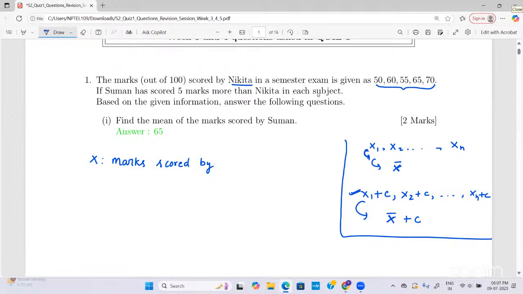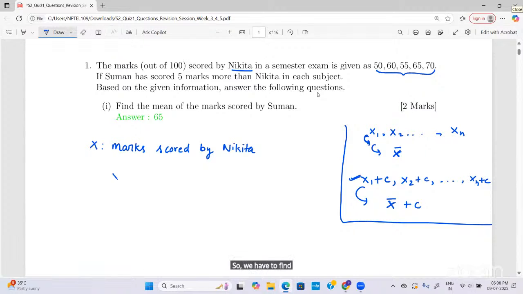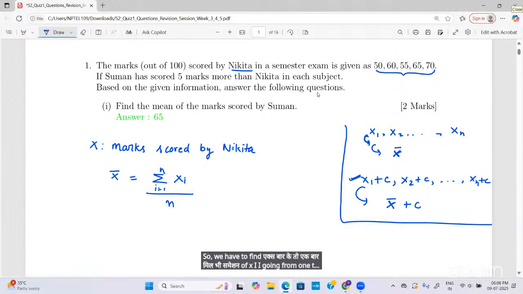Suppose x is a variable which is representing the marks scored by Nikita. So we have to find x bar. Okay, so x bar will be the summation of xi, i going from 1 to n, divided by the number of observations, which is n.